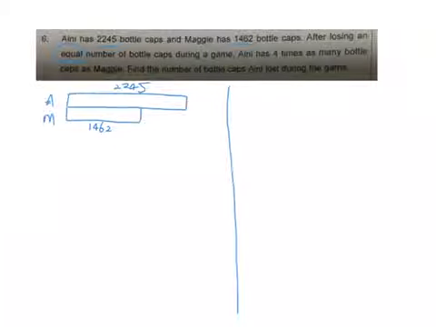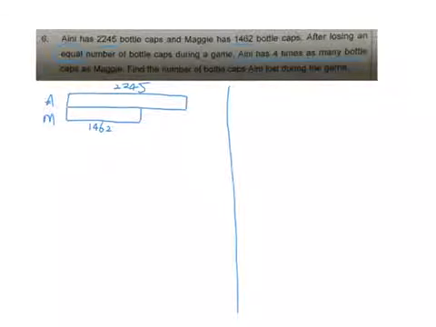But the next part helps us. It tells us that after losing the equal amount of bottle caps, Aini has 4 times as many bottle caps as Maggie. So at the end of it all, how many units does Aini have? Aini has 4 units.